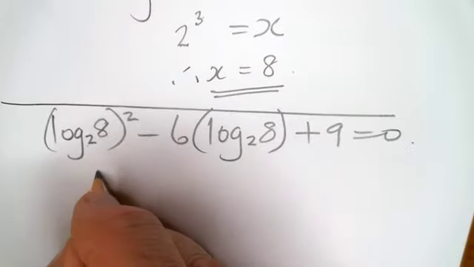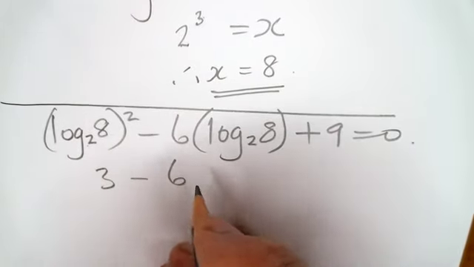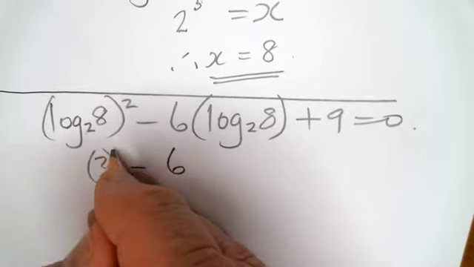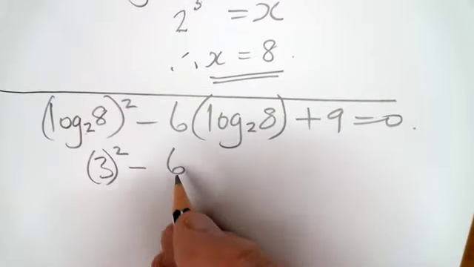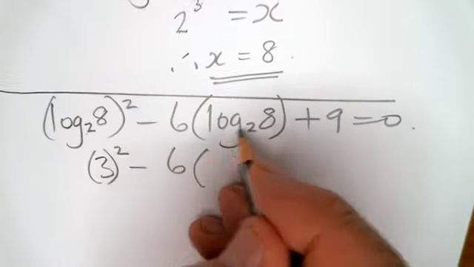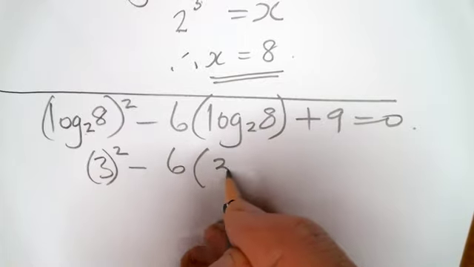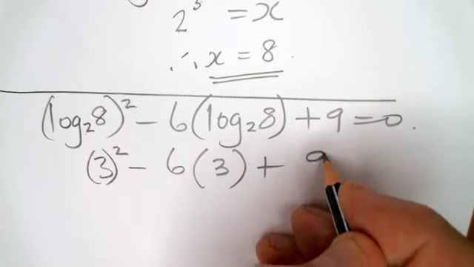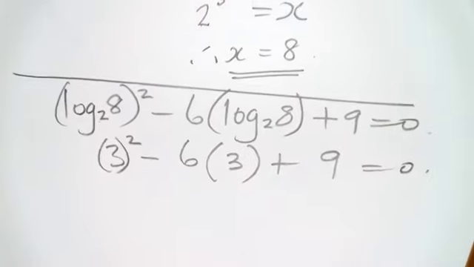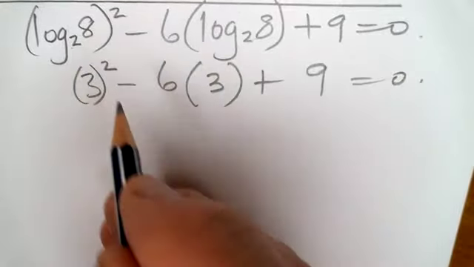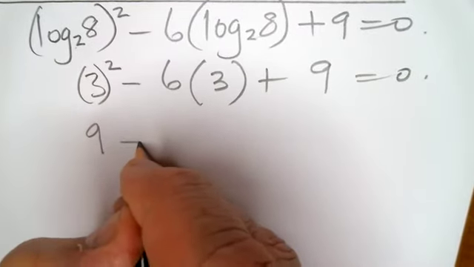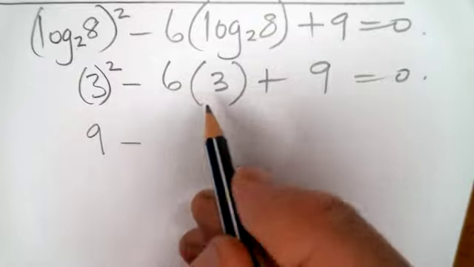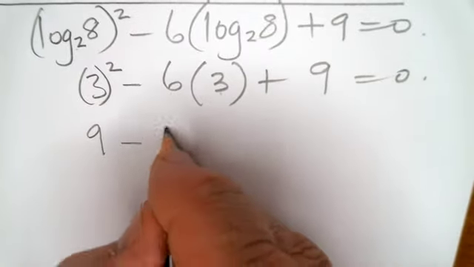So we've got a 3 all squared minus 6 times, we know that this here comes to a 3, plus a 9 is equal to 0. Let's try that. Well, 3 squared is 9 minus, we've got a 6 times 3 is an 18.